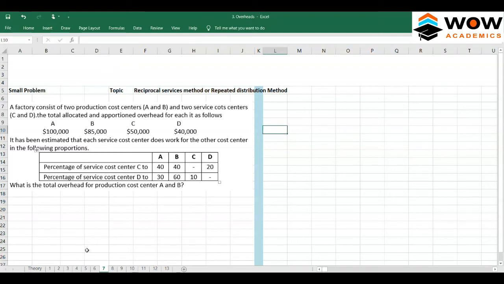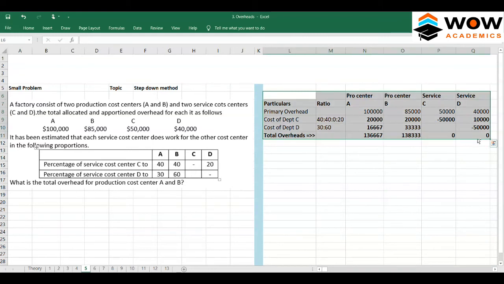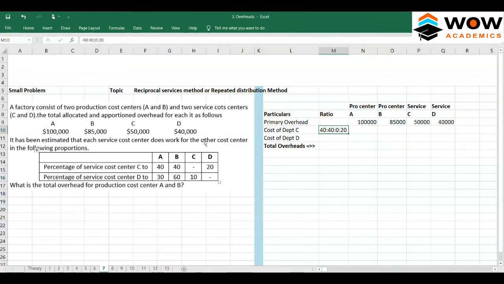So we have already worked out a similar sum here. We will take that, and the sum starts in a similar manner, because it's not like a step down approach where we have to select which service center, C or D, to allocate first. It's nothing like that, because either way we have to allocate it again and again.